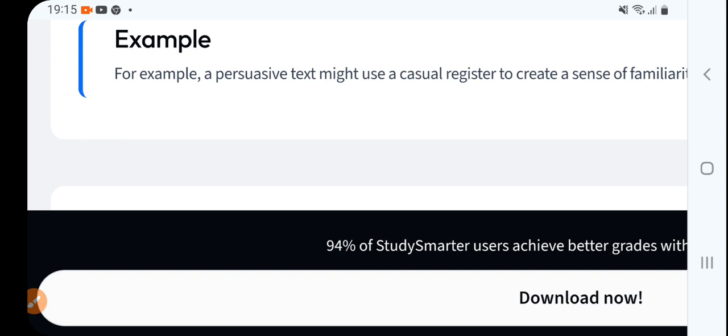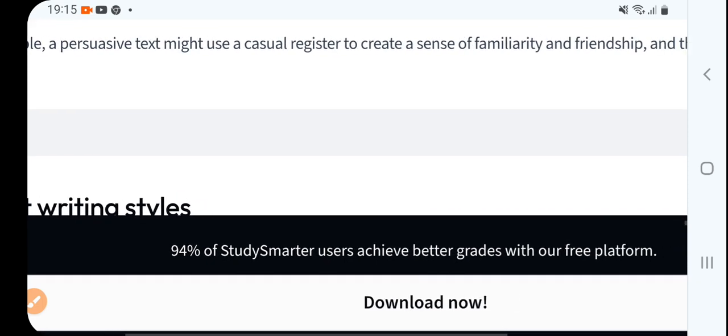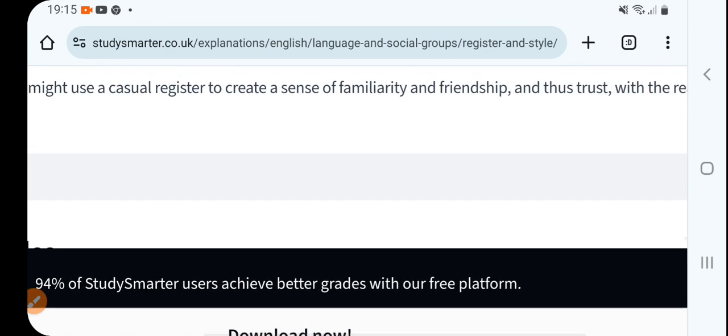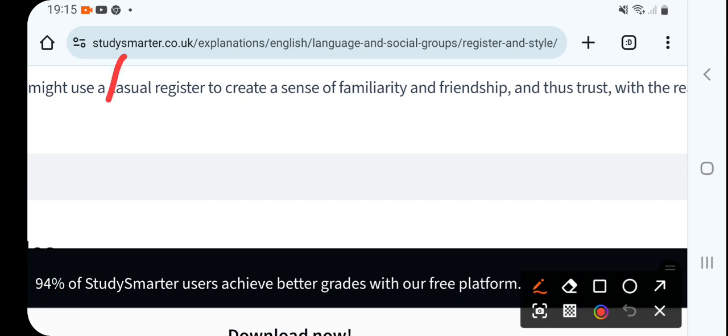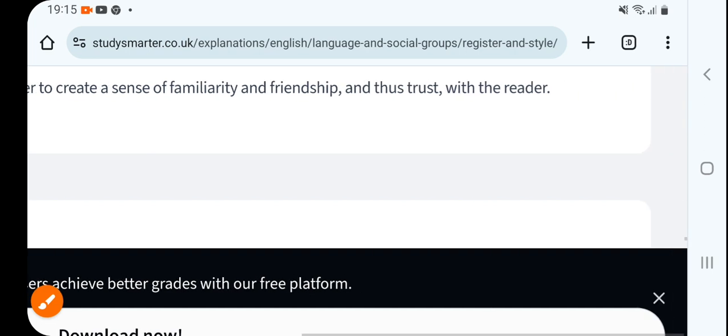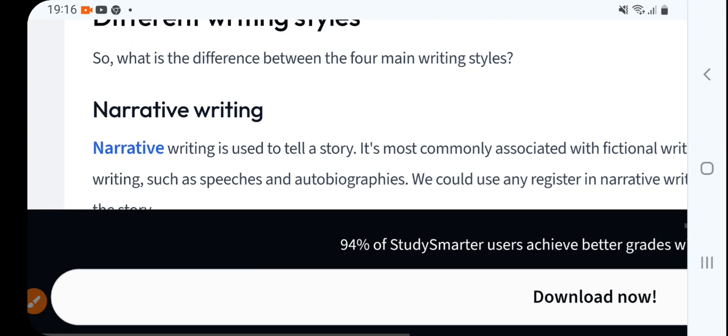For example, a persuasive text might use a casual register to create a sense of familiarity or friendship with the reader. Now, the different writing styles. So what is the difference between the four main writing styles?